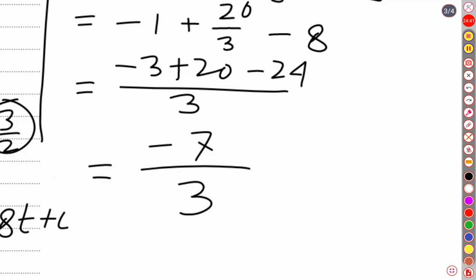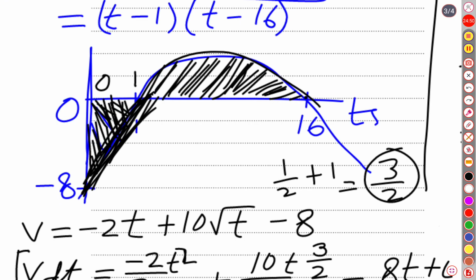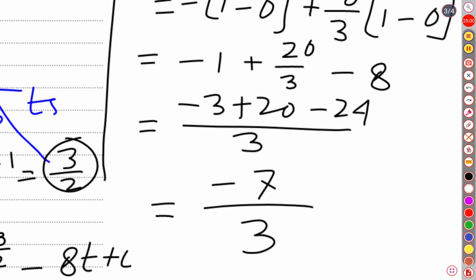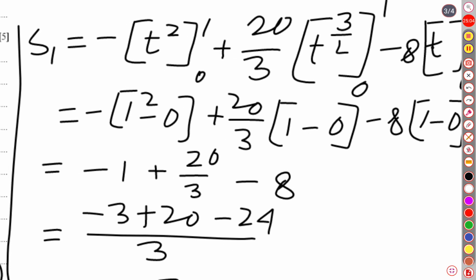That's why I told you at the beginning that this lower part of the graph shows a negative value, but we are finding the distance. Distance can never be negative. That's why we will use the modulus symbol, so that we get the positive value.